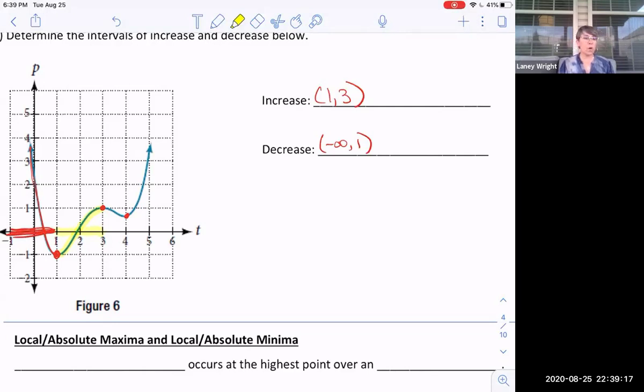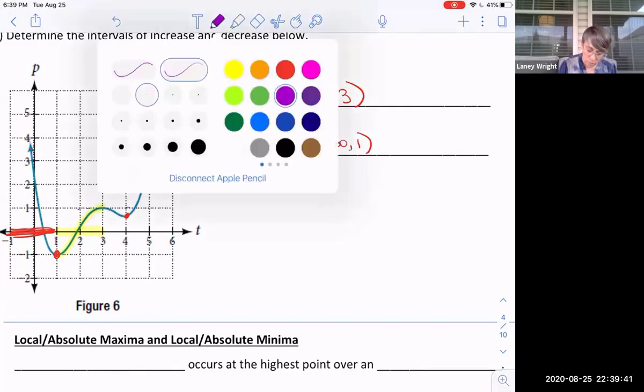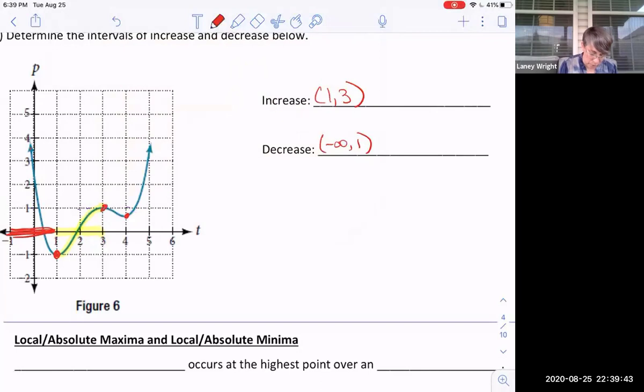Because if we look at the y value of 1, don't write this down, but it's included here, it's included here, it's included here. We wouldn't know which interval you're talking about. We never want to use the y values when talking about intervals of increase and decrease.